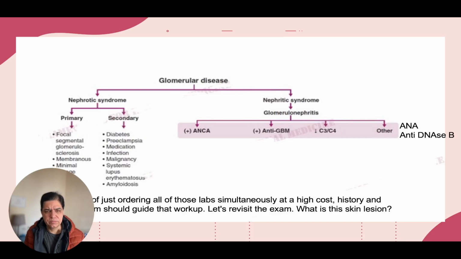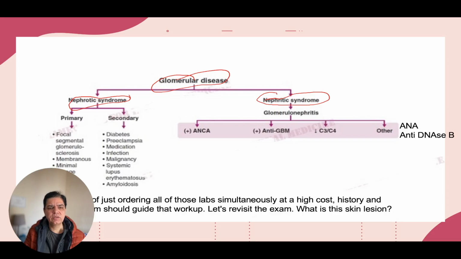How do we further look into glomerular disease? Glomerular disease can present in two forms, either in a nephrotic form or in a nephritic form. In nephrotic form, the basic issue is what we call nephrotic range proteinuria. So instead of hematuria, the problem is proteinuria.